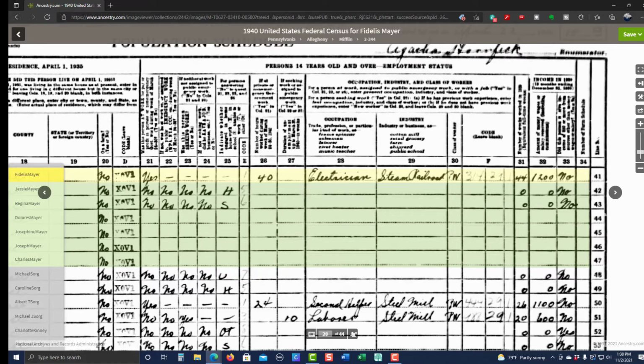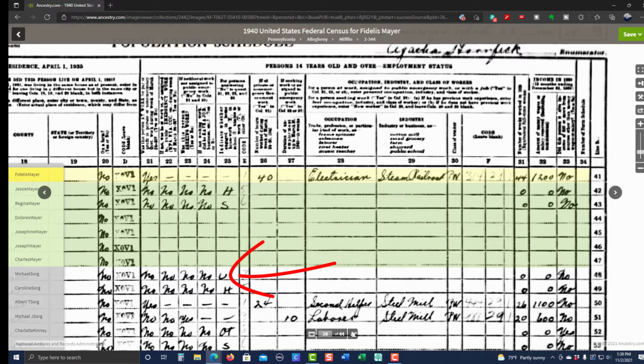Column 24, once again, if answered no in both column 21 and 22, if not seeking work, did he have a job or a business, etc.? Yes or no? And Michael Sorg's answer is no. Column 25, it says, indicate whether engaged in home housework, in school, with an S, unable to work with a U, or other, OT. So you can see Fidelis Mayer's wife doing housework. Regina Mayer, their oldest daughter, was still in school.